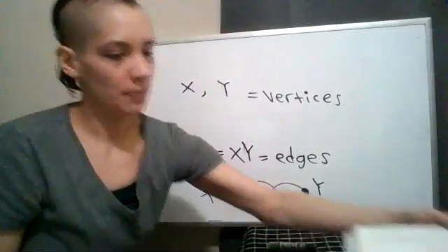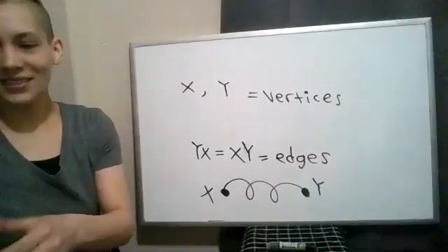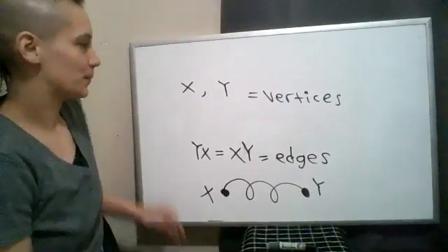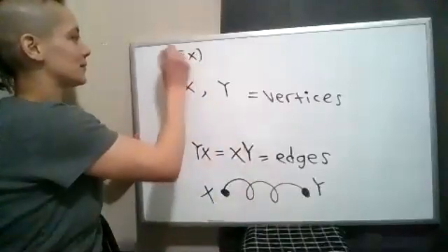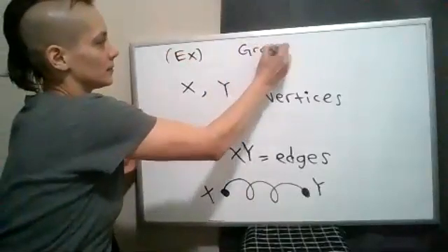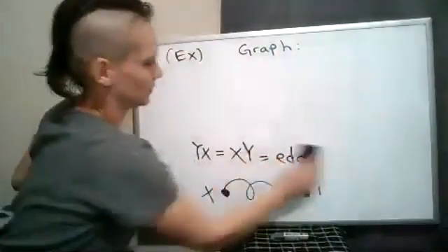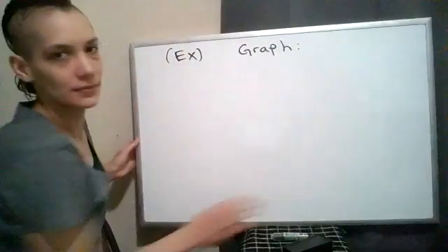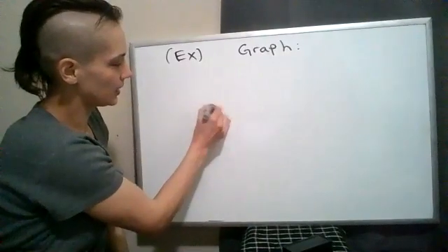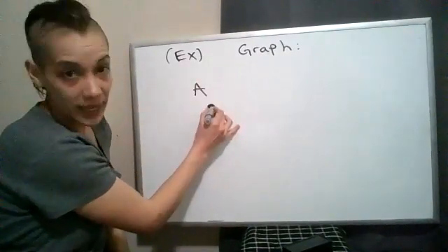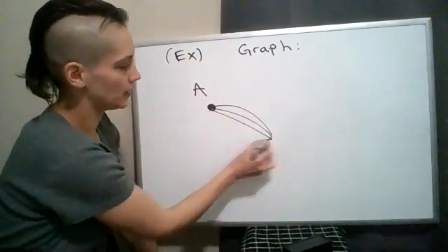Next, we want to talk about the degree of a vertex. Alrighty, so we're going to draw a vertex A. This one's going to have multiple edges: 1, 2, 3, 4.